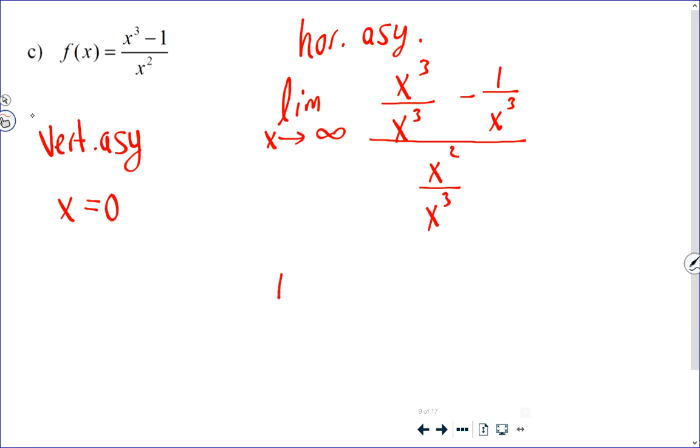Which gives us the limit as x approaches infinity of 1 minus 1 over x cubed over 1 over x.